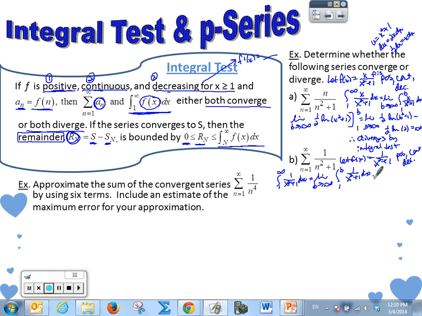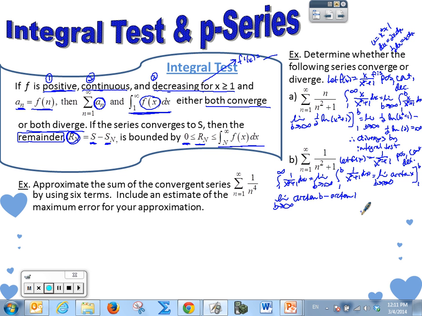So this is going to be the limit as b goes to infinity of arctangent from 1 to b. All right, the limit as b goes to infinity. So let's do our f of b minus f of a. So it's going to be arctangent b minus arctangent 1.